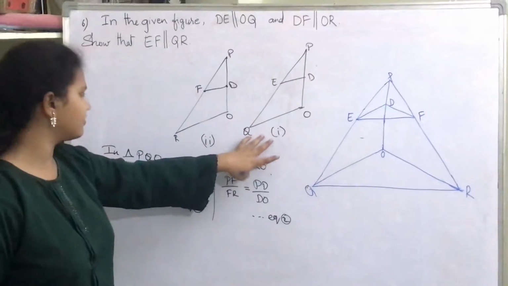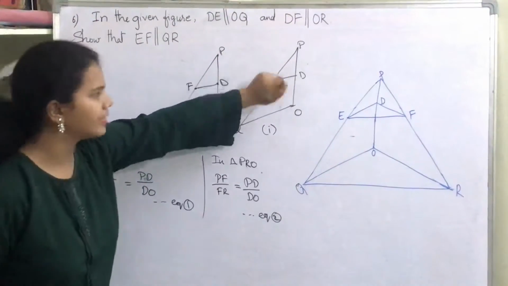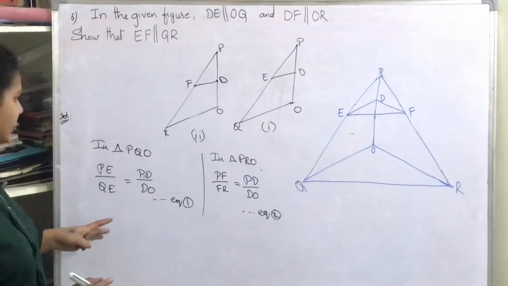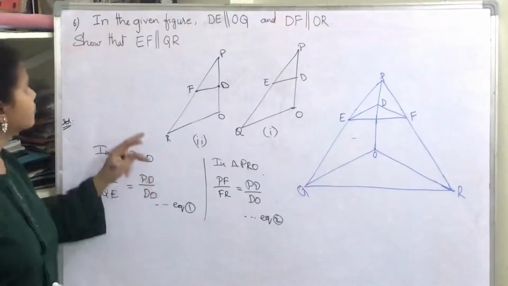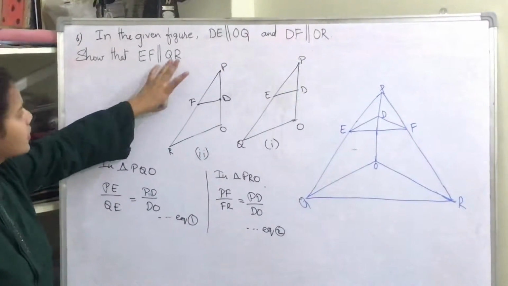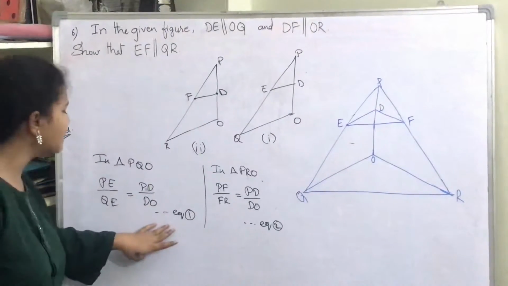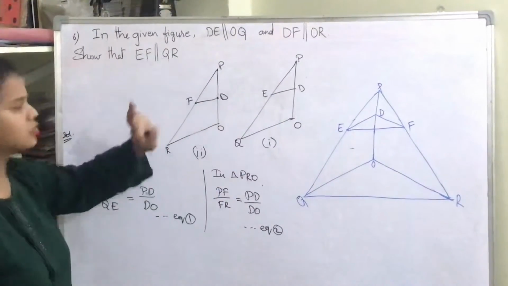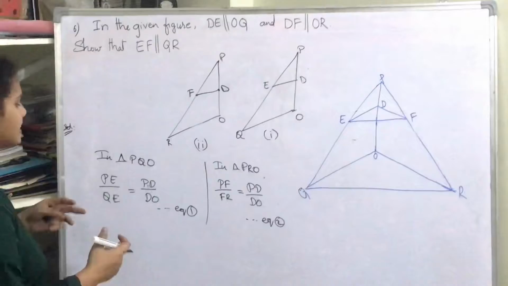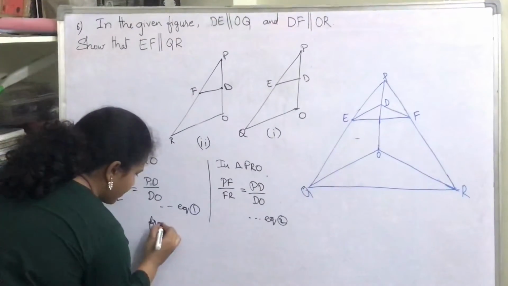But in the first figure, you have PE by QE equals to PD by DO. So just write like this. To show EF is parallel to QR, we can relate equation 1 and 2.